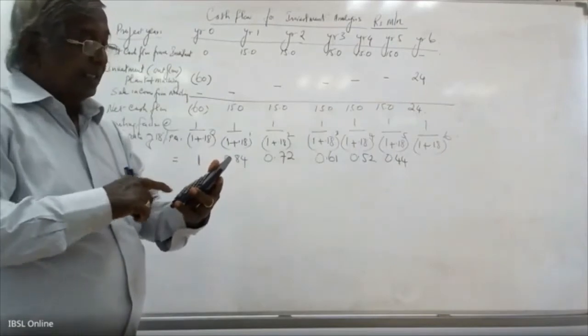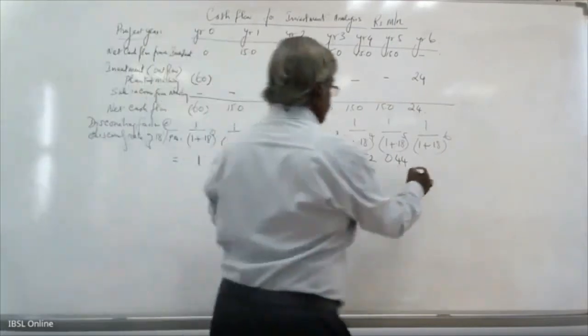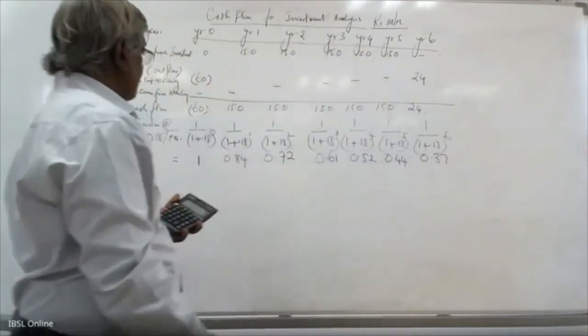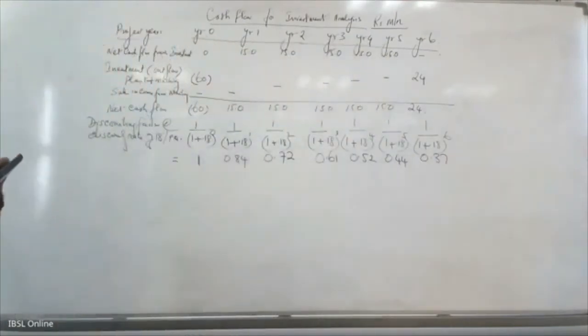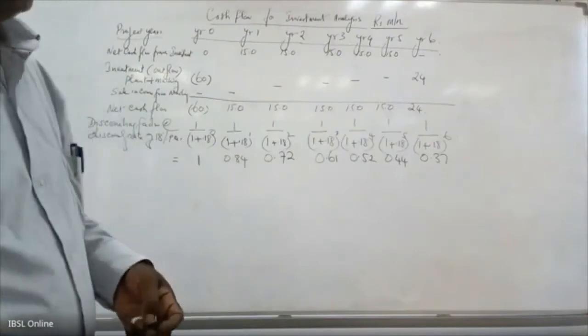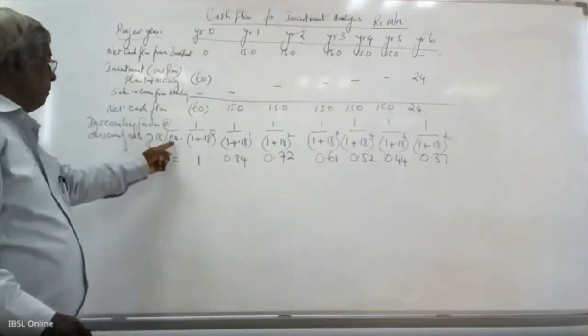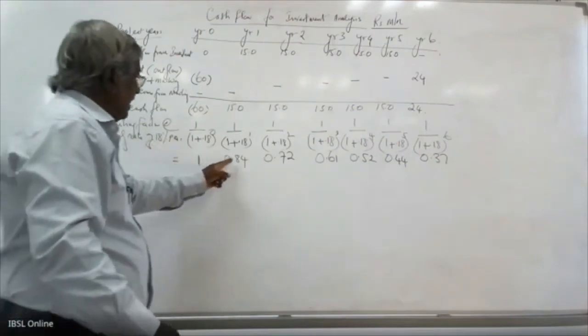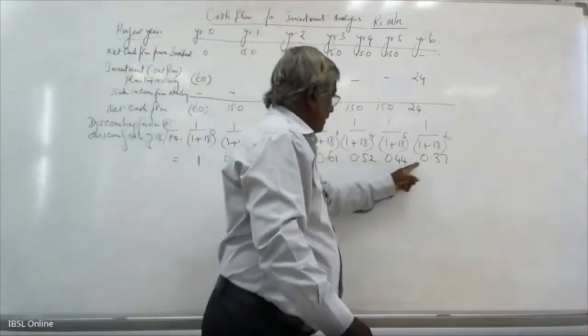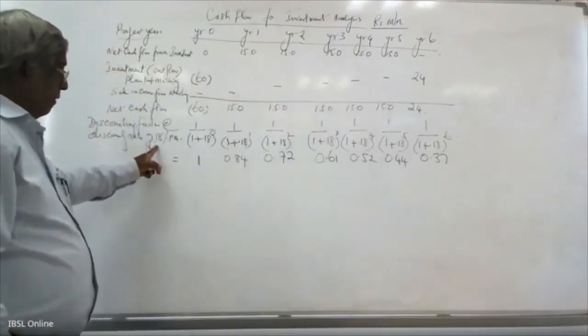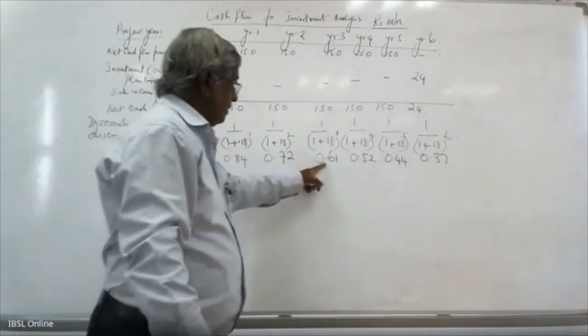Again equal sign, 0.37. So this is your discounting factor at 18% per annum for various years.